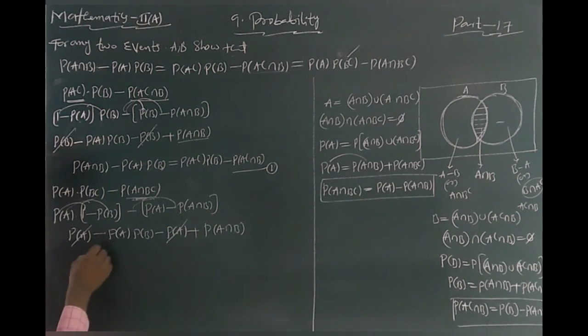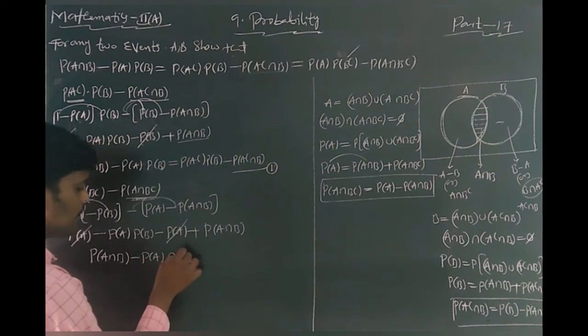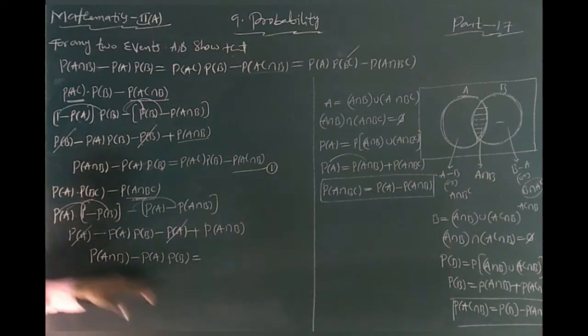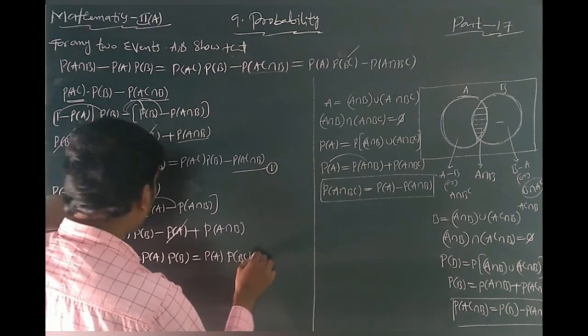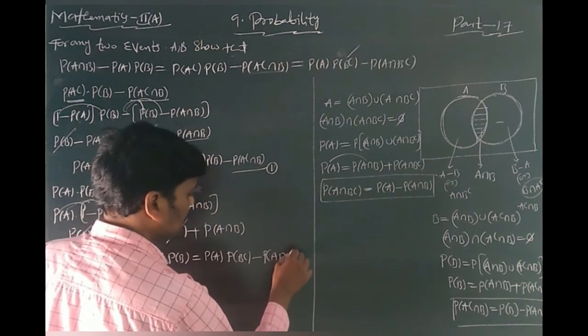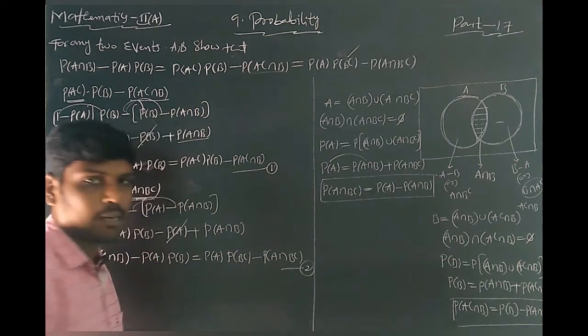Remaining P of A intersection B minus P of A into P of B. This is the value of P of A into P of B complement minus P of A intersection B complement. This is equation number 2.